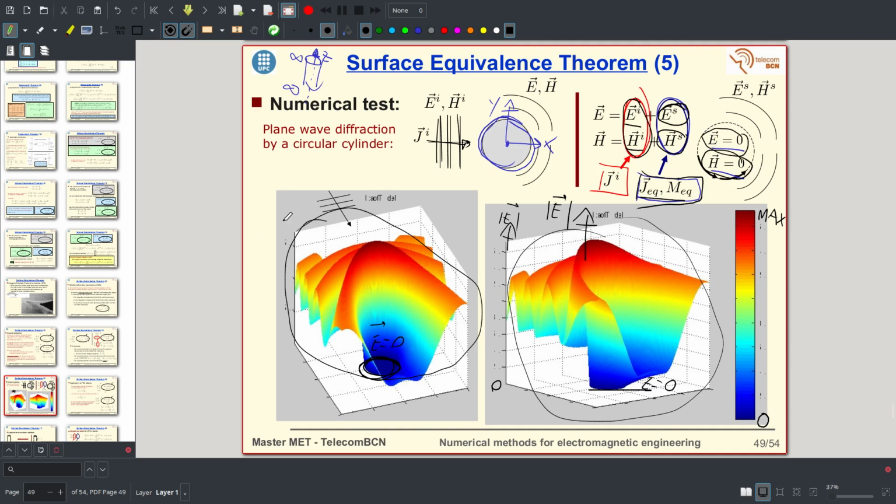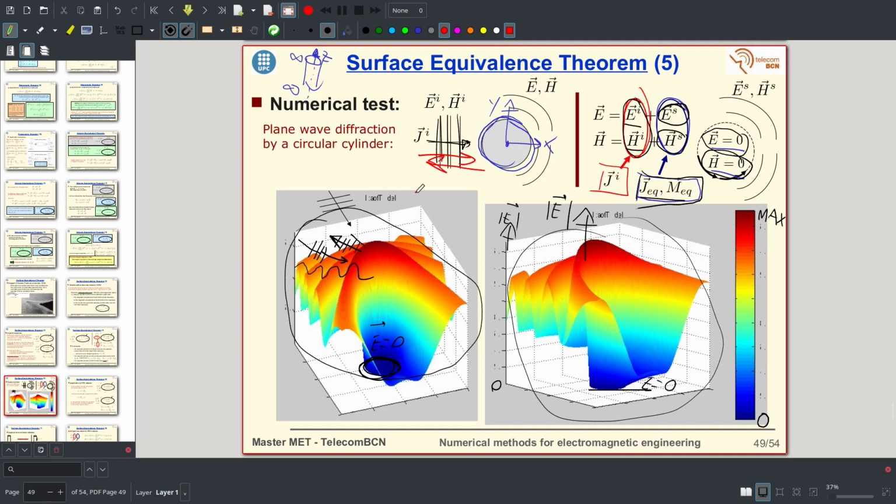And outside surface S we have the total field, and this total field is the incident field due to the incident plane wave plus the scattered field that is reflected backwards. So the incident field is progressive, the scattered field is regressive because it's reflected, and the sum is a standing wave. You can see here the standing wave: this standing wave is the incident field plus a scattered field that is reflected, okay?